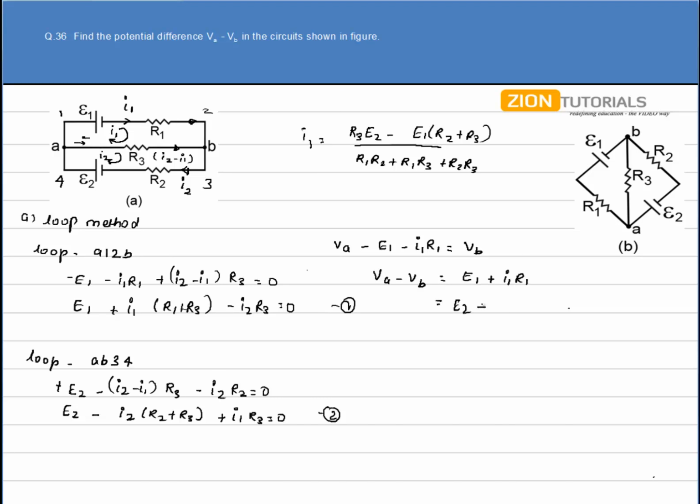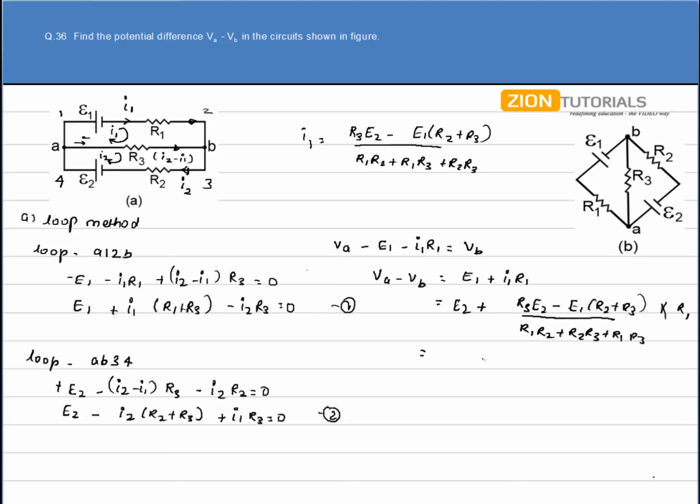On substituting the value of I1, I get R3 times (E2 minus E1) times (R2 plus R3), divided by R1 R2 plus R2 R3 plus R1 R3, whole into R1.